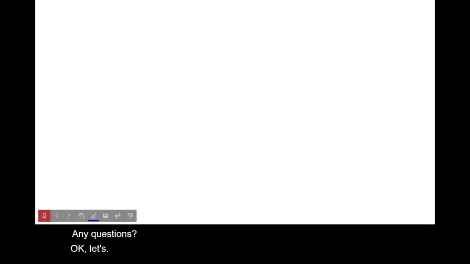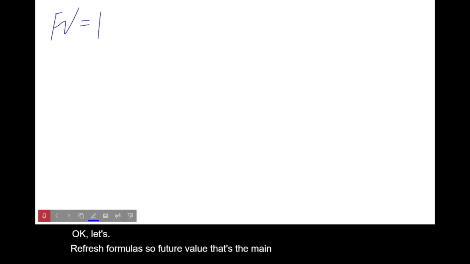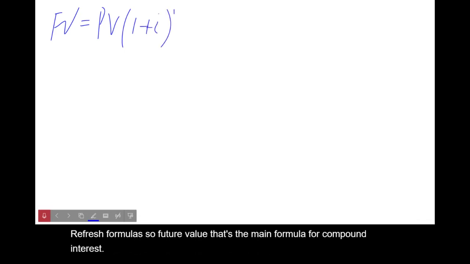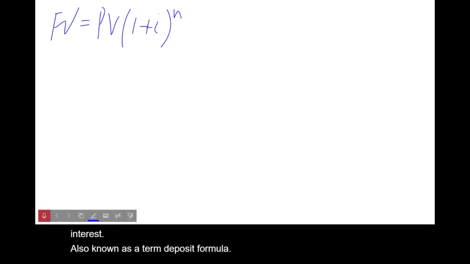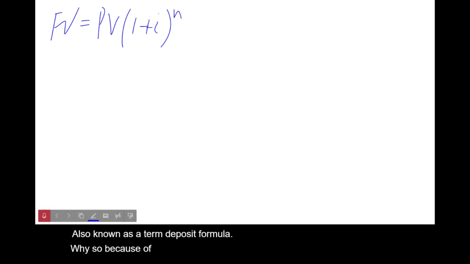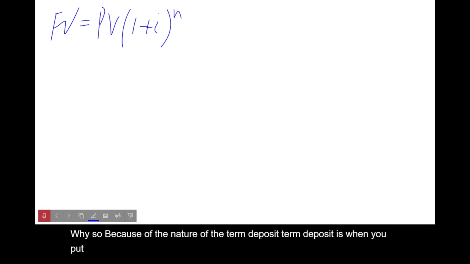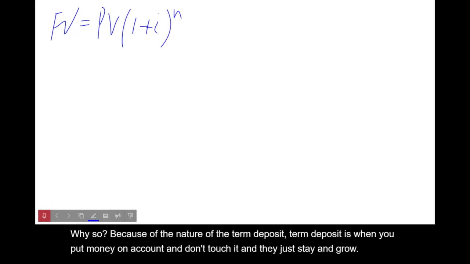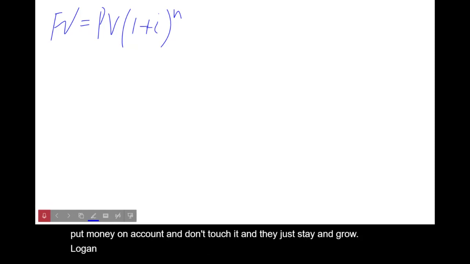refresh formulas. So future value, that's the main formula for compound interest, also known as the term deposit formula. Why so? Because of the nature of the term deposit. A term deposit is when you put money in an account and don't touch it, and it just stays and grows.